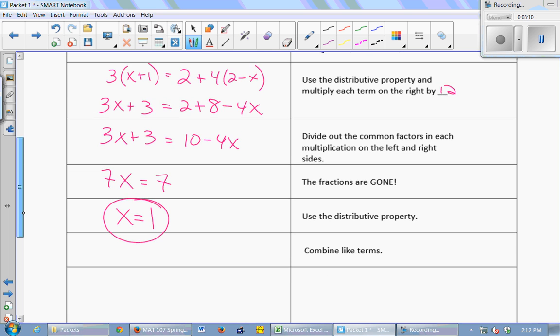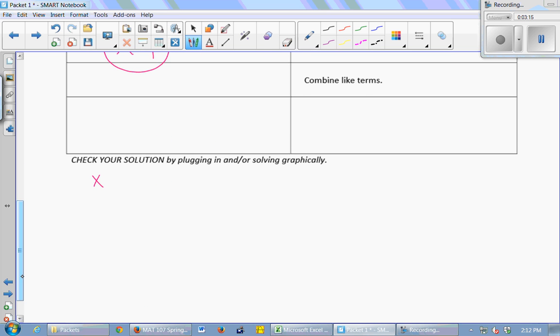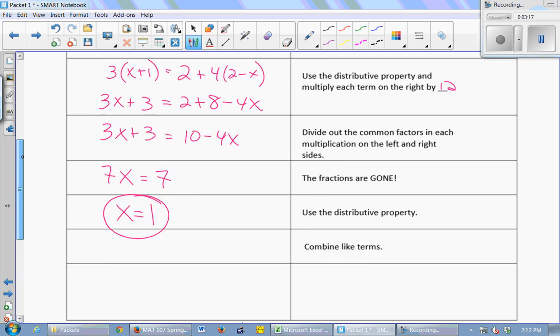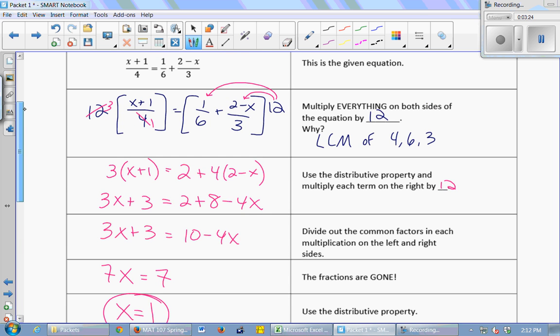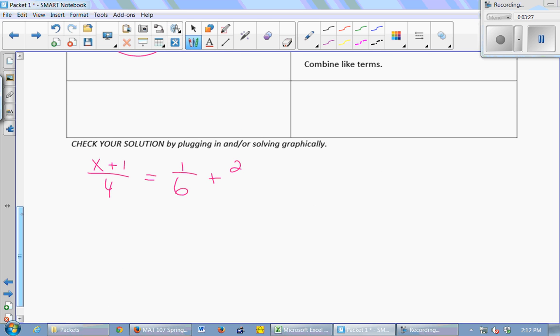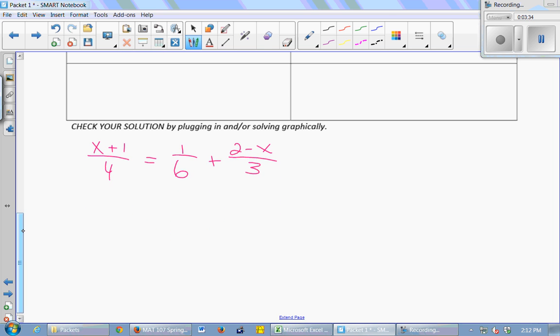We should check that x equals 1 is really a solution by plugging into the original equation, which was x plus 1 over 4 equals 1/6 plus 2 minus x over 3. So I should replace all my x's with my solution x equals 1 and make sure this equation is true. Does 1 plus 1 over 4 really equal 1 over 6 plus 2 minus 1 over 3?